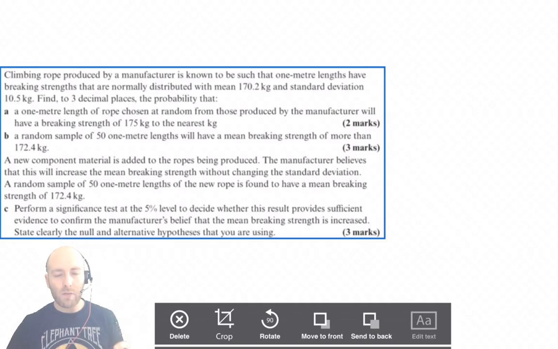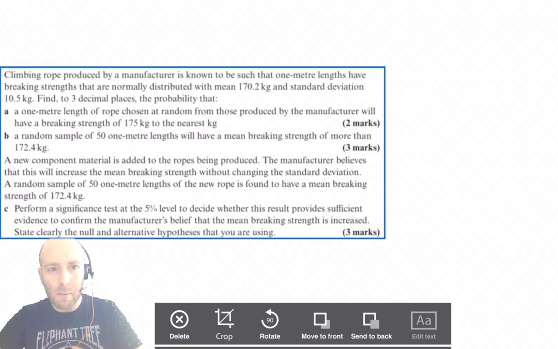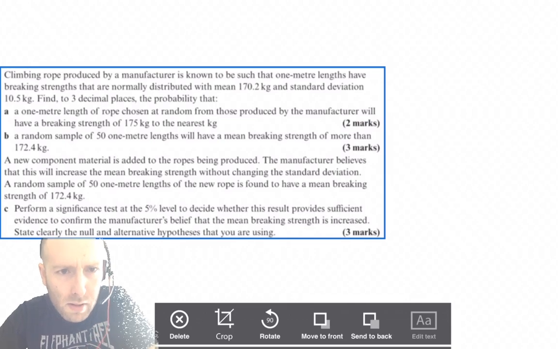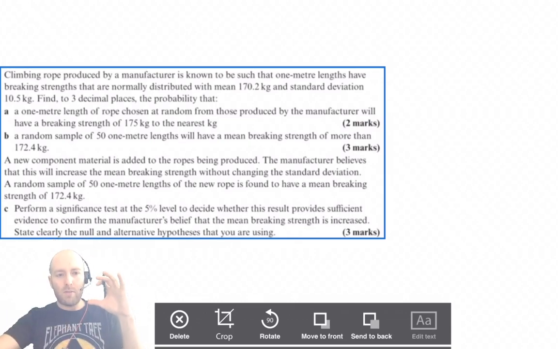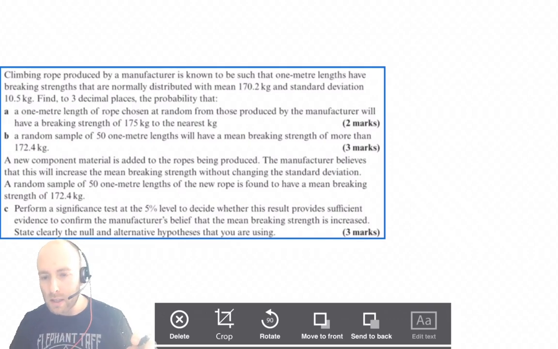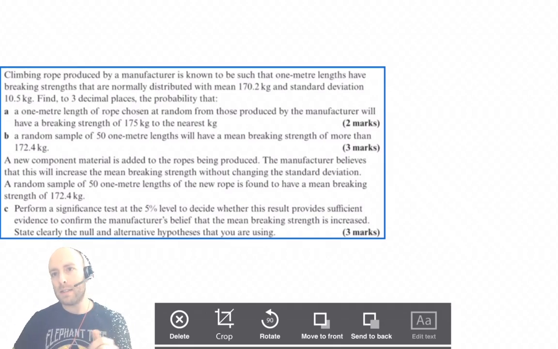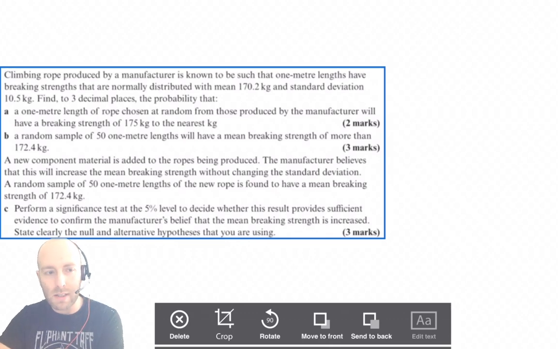Right, there we go. Hopefully that's readable. Let me know if it's not, and I can make it bigger. All I've got to write on is that tiny little bit of screen here. So give it a go. It's worth 8 minutes.